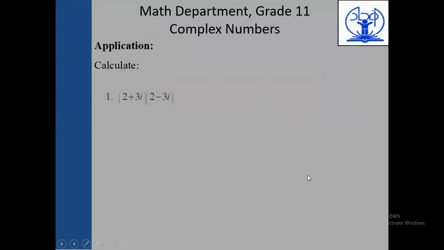Application, calculate this times that. Since these two numbers are conjugate, you don't need to expand and to waste your time. You can directly say it's the real part squared, which is 2 squared, plus the imaginary part. Imaginary part is a 3, not 3i. So imaginary part squared, so you will get 13.